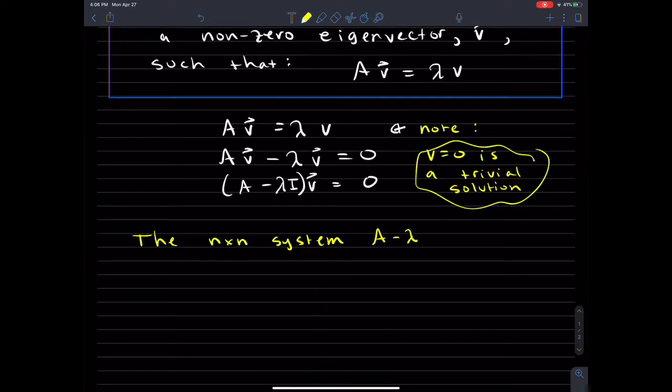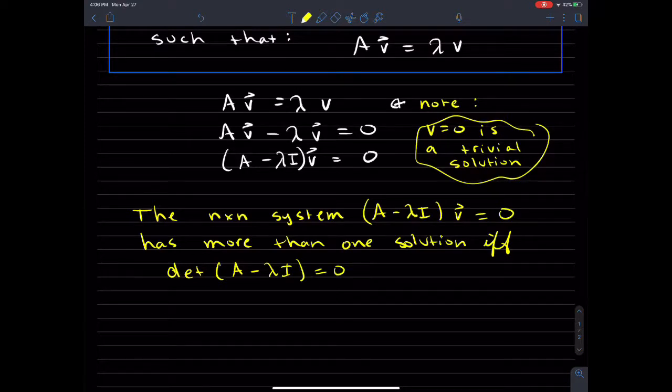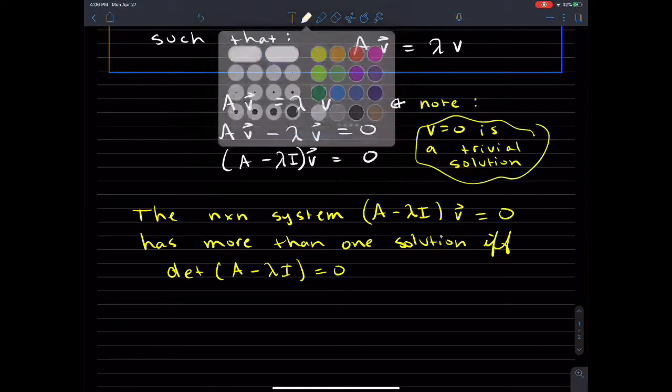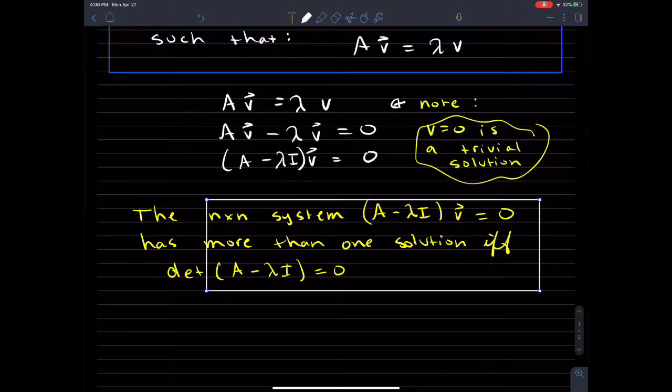A minus lambda I times V equals 0 has more than one solution if and only if the determinant of A minus lambda I equals 0. When I talk about more than one solution, if we can set that equal to 0, then we have a second solution, the first solution being my trivial solution, okay?